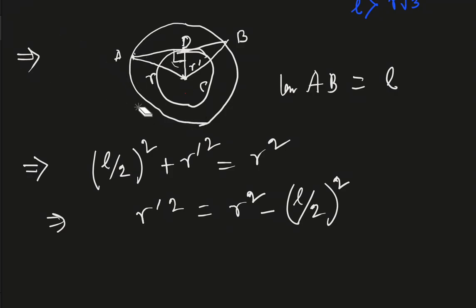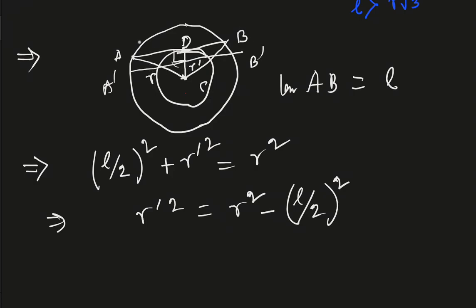Okay, now if I draw any chord which is parallel to this line and whose middle point is inside this circle C, its length is always larger than AB. That means suppose A prime and B prime, its length will always be greater than AB.